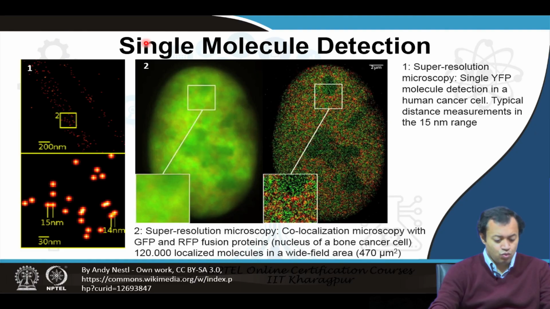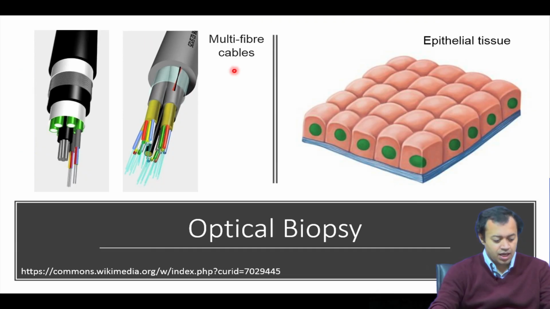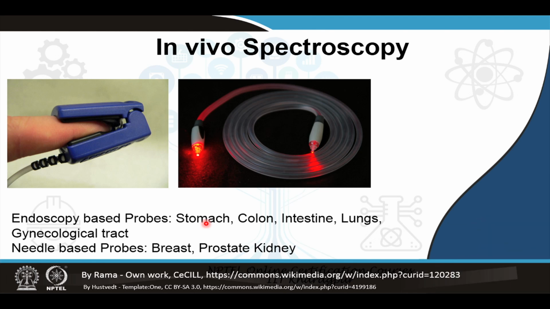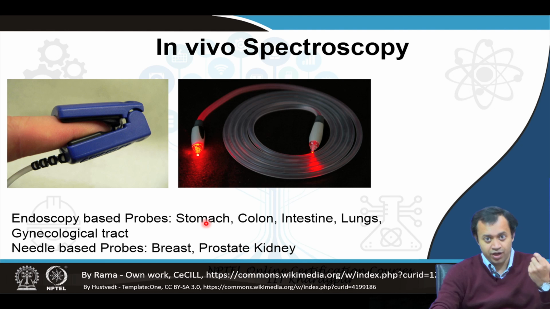So we get several types of endoscopy-based products, where we put an optical fiber cable or multiple optical fiber cables through your stomach, colon, intestine or lungs, as well as gynecological tracts, to see if there is a mold, some kind of boil, some sort of ailment, a tumor, or a growth.